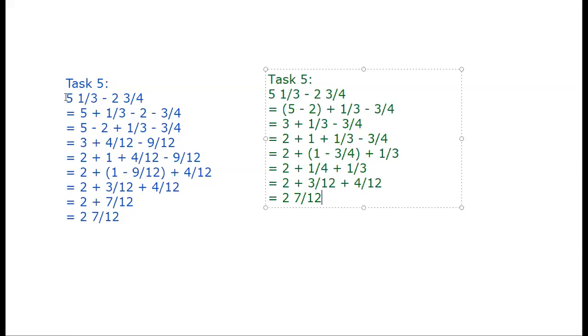So you have a better approximation of the answer from the beginning. That's one advantage. The other advantage is that the numbers don't get too big. Okay, so that's the second advantage.